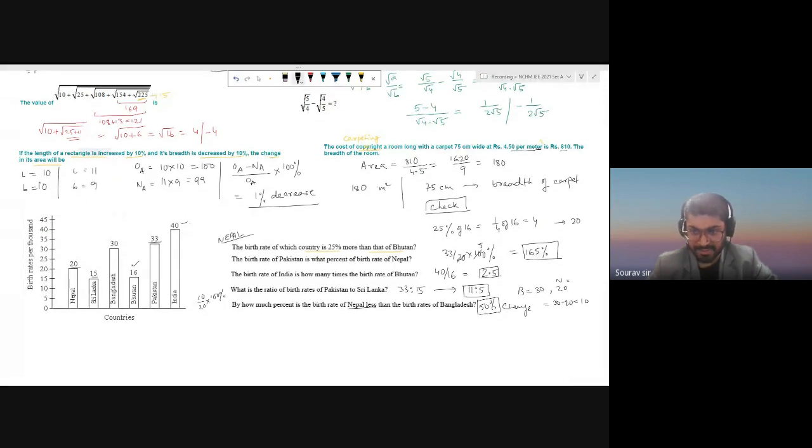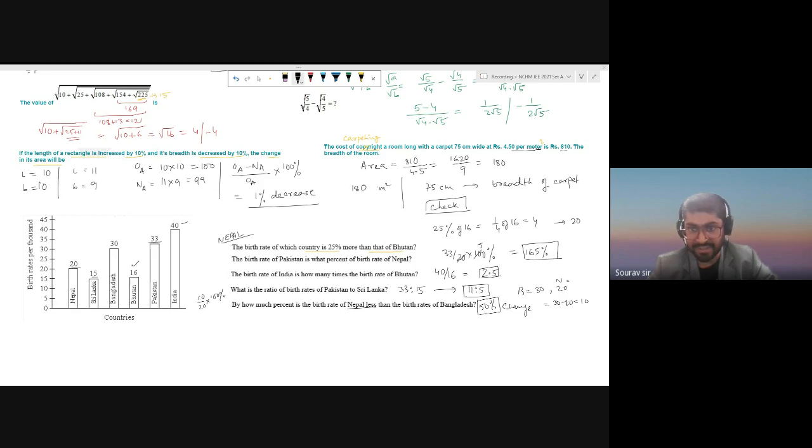So apart from that one question where some data was missing, this cost of carpeting a room with carpet 75 centimeter wide, the breadth of the room, right? Because we have got the area of the room and we know the breadth of the carpet, so we can at most calculate the length of the carpet.